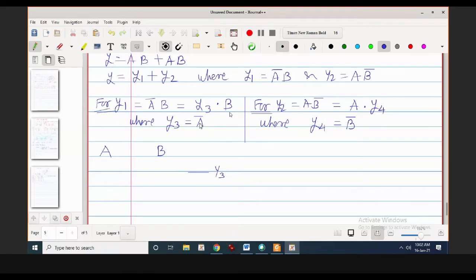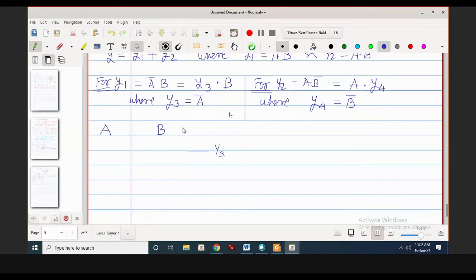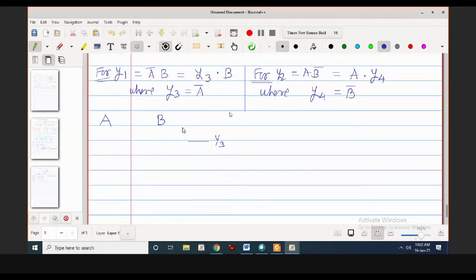It is simply the complement of input A. So this is my input A, and this is my input B. And I need to do the complement.